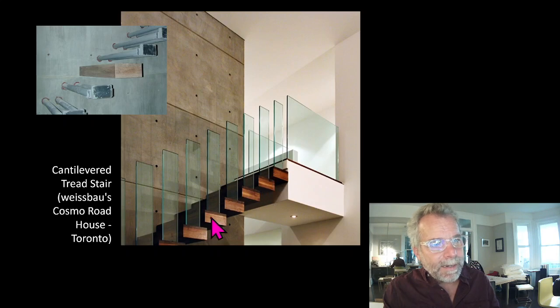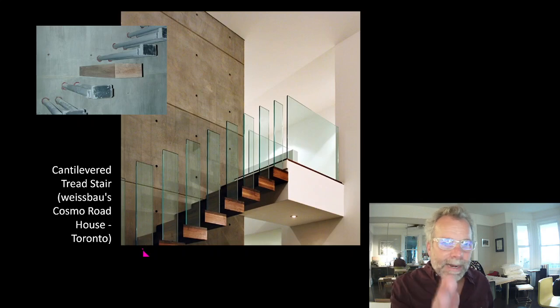This is one that I did with Kevin Weiss from, it was Weiss Bow at the time, now it's Weiss AU for Weiss Architecture and Urbanism. Kevin wanted cantilever treads and was pouring a big, beautiful architectural concrete wall. What we suggested that he do is core drill. So pour the wall.